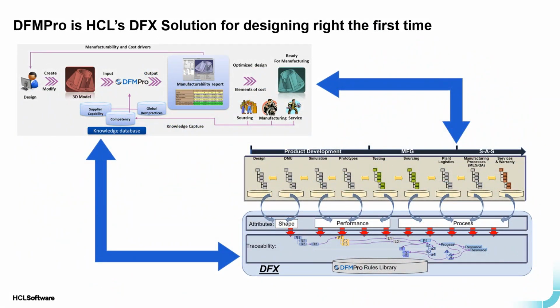DFMPro from HCL attempts to bridge this gap and bolsters an organization's effort in reducing rework and cost by capturing downstream best practices and making these available during the design stage, right within the CAD environment. This complements design reviews, collaboration between design, manufacturing, supply chain by bringing in knowledge capture, automation, and right links with CAD and PLM environments.